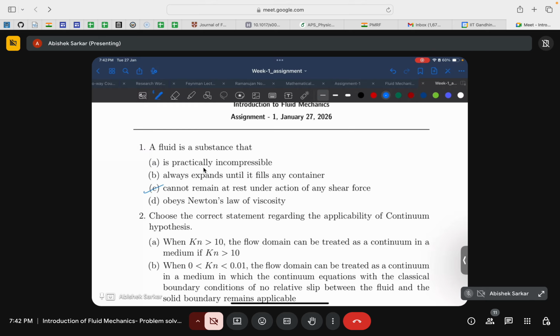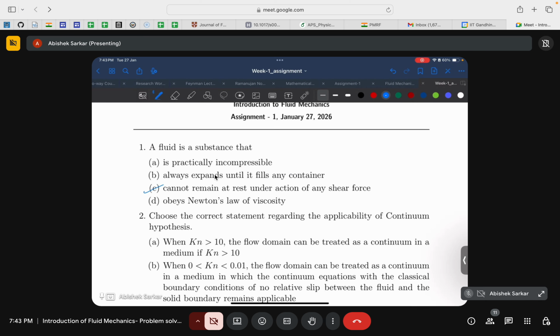There is a separate subject known as compressible flow, where fluid has a certain level of compressibility that generates some physics that are not usually visible in the incompressible regime. So by the definition itself, there are regimes where fluid can be considered appreciably compressible. Second, it expands until it fills any container.